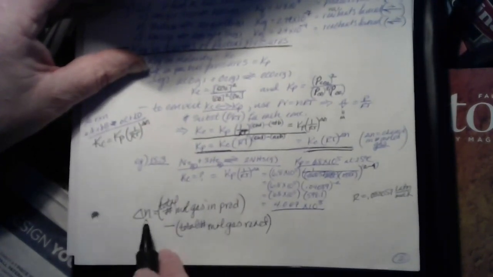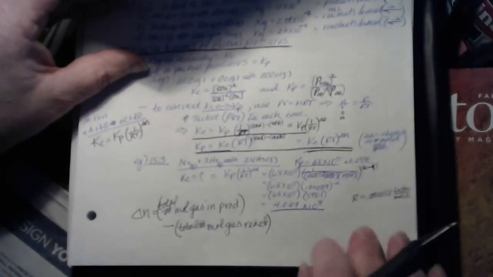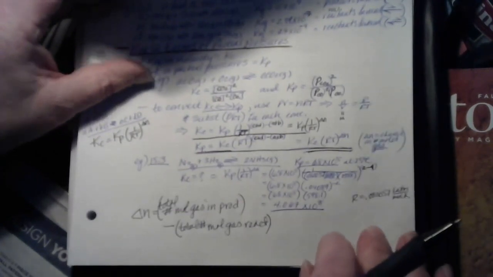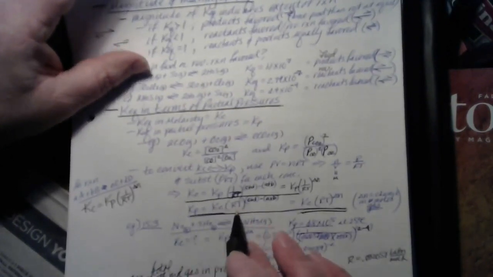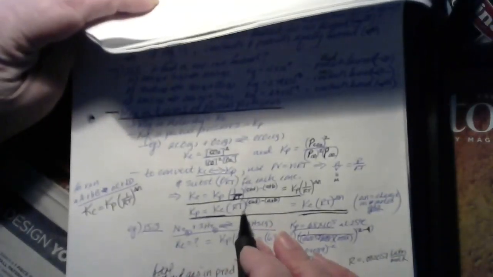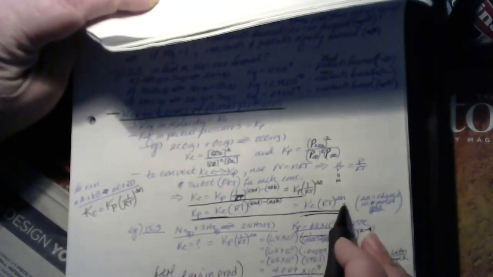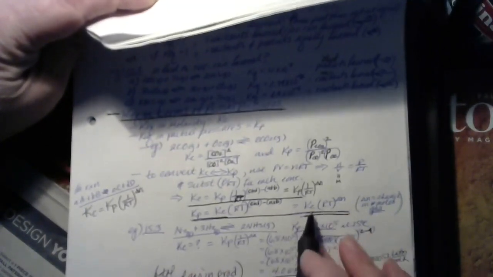It only counts moles of gas though. Well, you shouldn't be using Kp if there's anything other than gases present anyway. But just remember, you're only counting moles of gas here. And going the other way around is very similar. Kp is equal to Kc times RT to the delta n power.